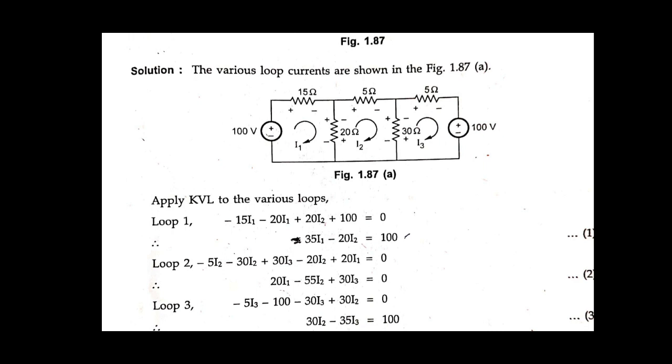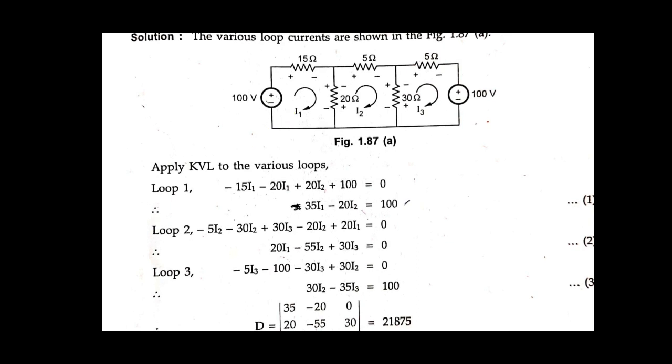Then a positive sign is given because the current I2 is also flowing through the 20 ohm resistance, and that voltage drop is different, so it is plus 20 I2. Then the voltage source gives a positive sign.